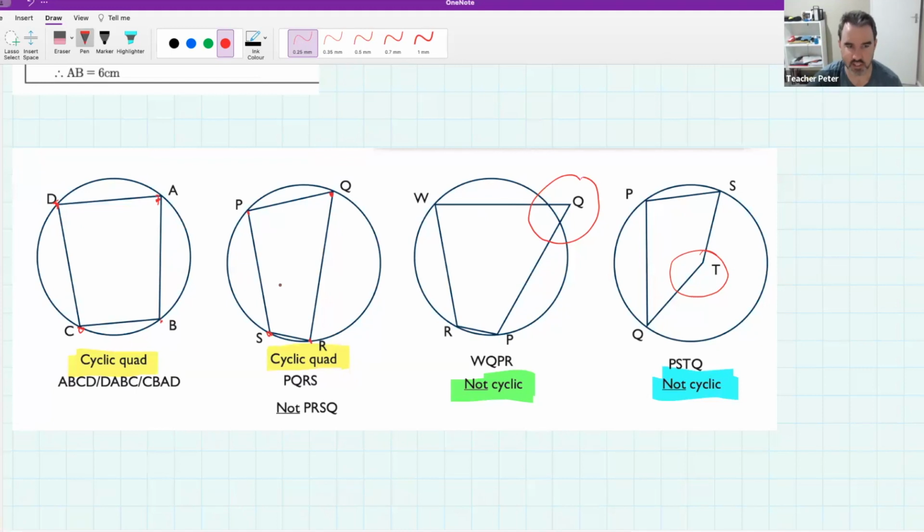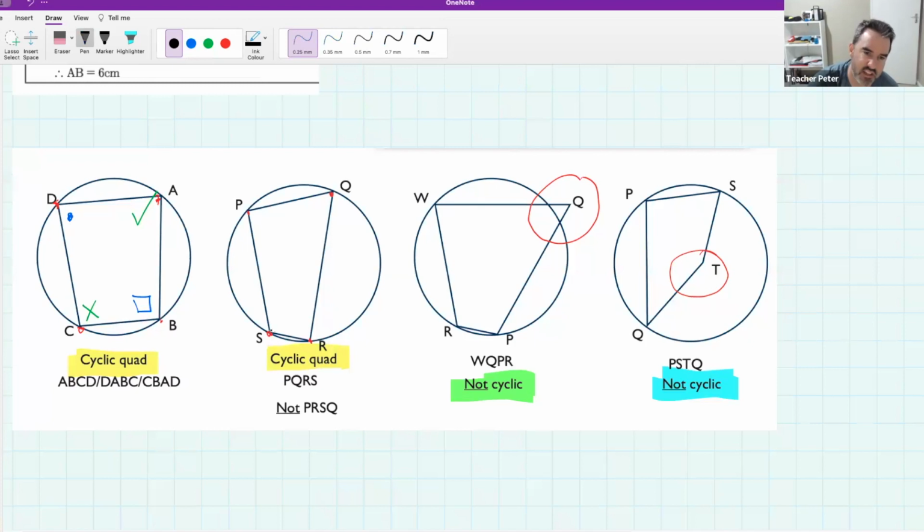Now, once you have a cyclic quad, there are certain properties that you get for free. And I'll show you this in a moment. But basically, if you have a cyclic quad, the opposite angles will always add up to 180. They won't be the same necessarily, but the opposite angles will always add up to 180 is the one main idea we're going to look at now.